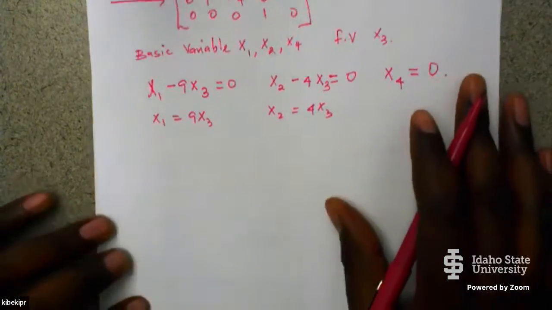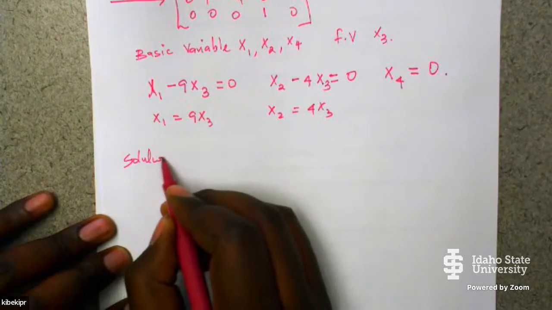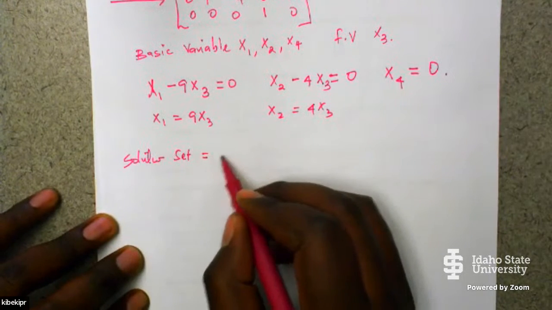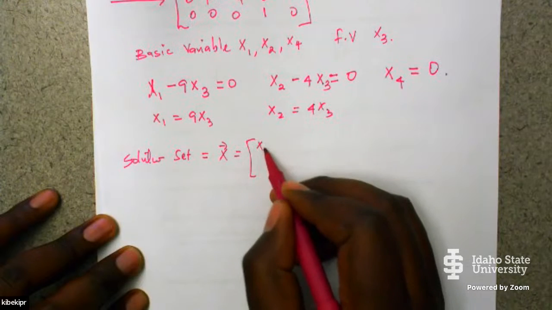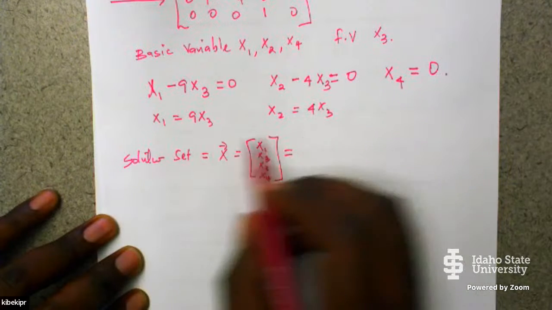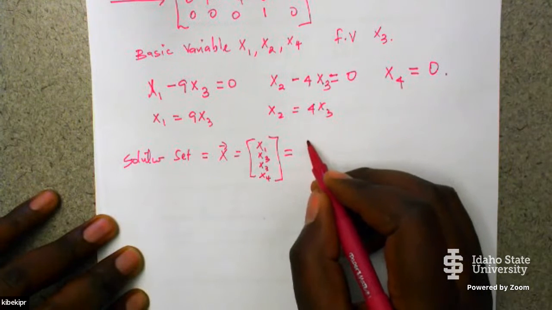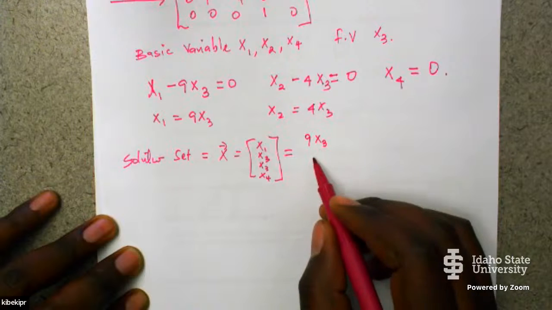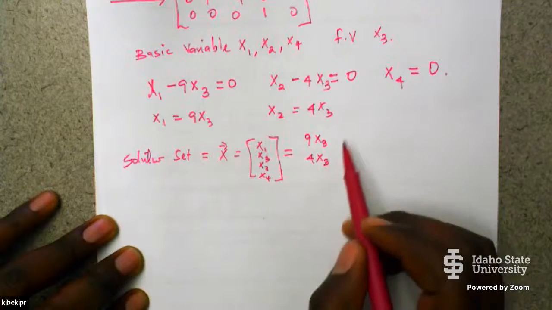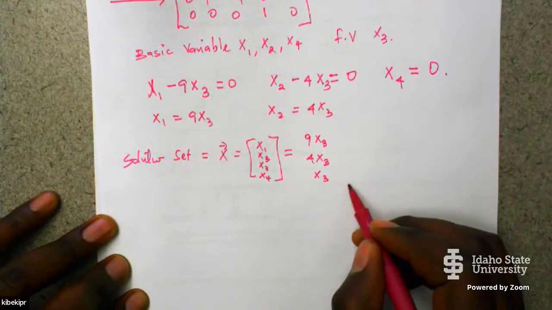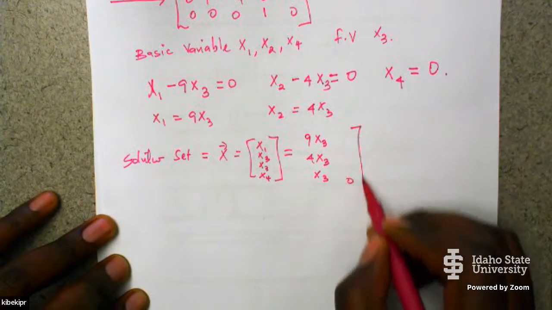So our solution set will now be x, which equals x1, x2, x3, and x4, which is now x1 is 9x3, x2 is 4x3, x3 is our free variable, and then x4 is what? x4 is 0.